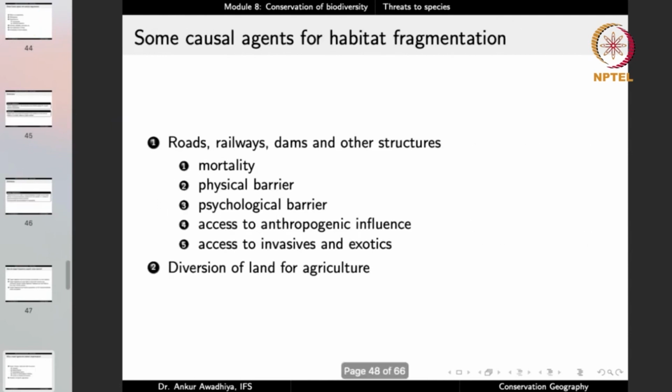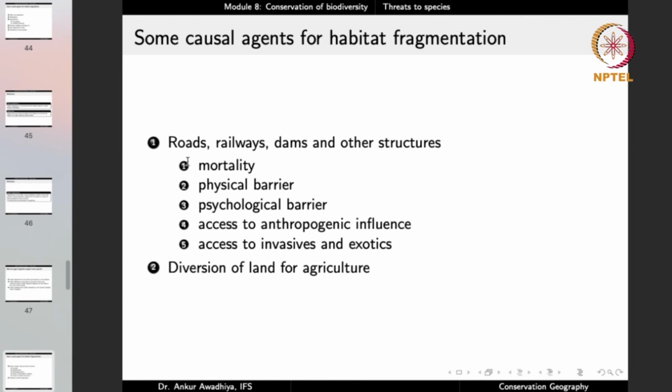So what causes habitat fragmentation? We have things like roads, railways, dams, and other structures. Typically the linear infrastructures, the infrastructures that are in the form of a straight line, things like roads and railways, very easily fragment the habitat into smaller parcels. Now they can result in mortality.